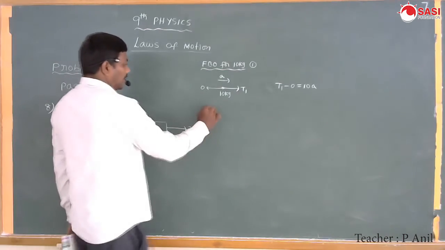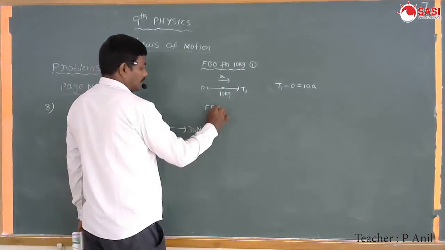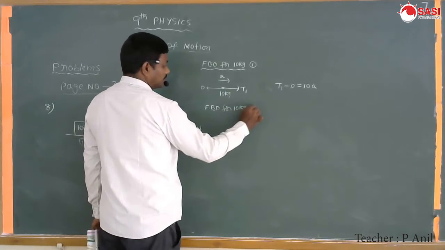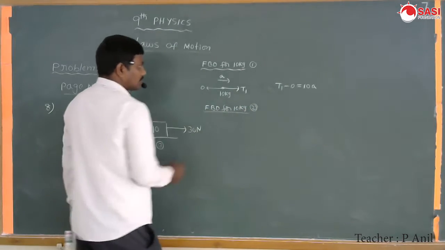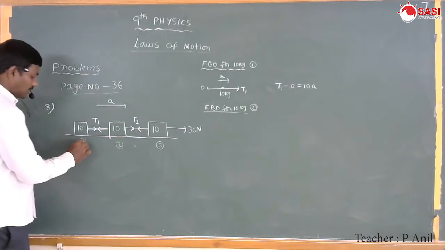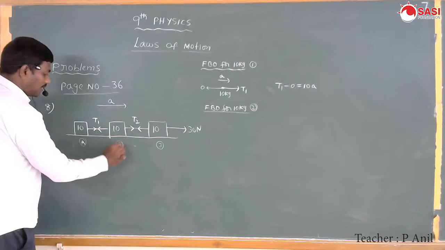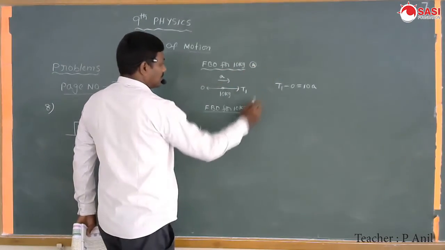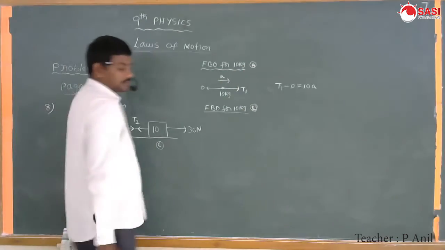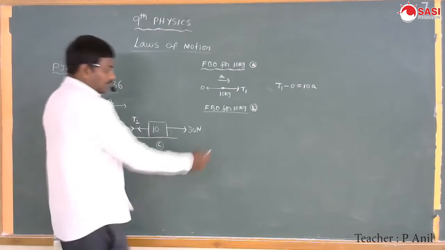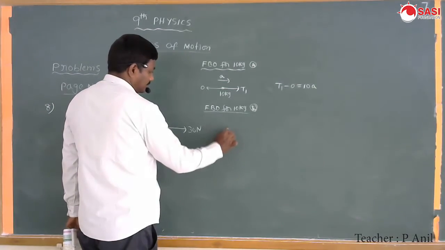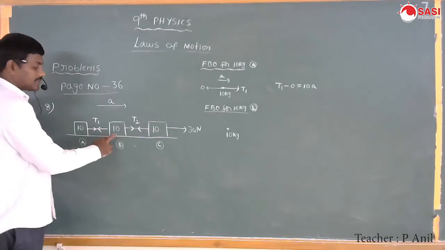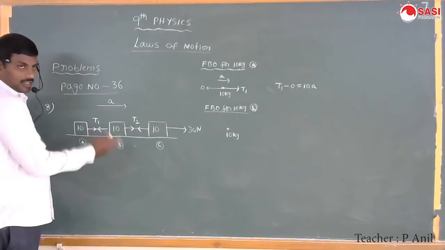Take the free body diagram for 10 kg at the position 2, or otherwise at the position A, position B, position C. Here the 10 kg block is at position B. What are the forces acting on the block?